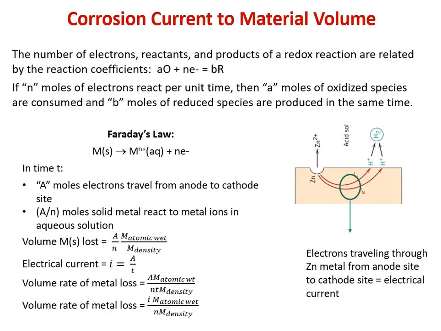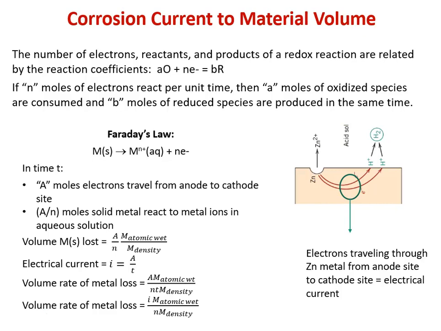travel from our anode to our cathode site, and in our anode site is where we're losing electrons. So that's our metal, and maybe it's zinc corroding and giving its electrons to hydrogen ions like we have over in the schematic. That could be our metal M. It could be zinc. In fact, that would be a very likely scenario.